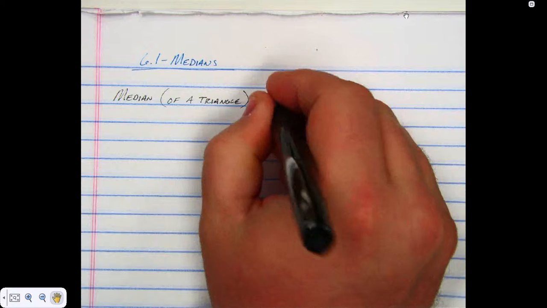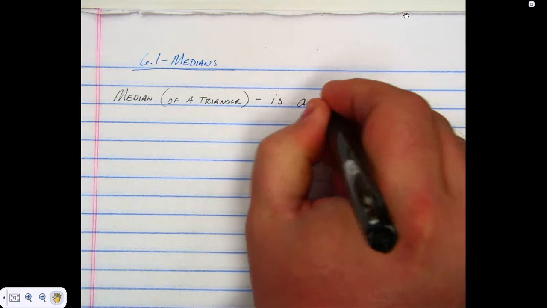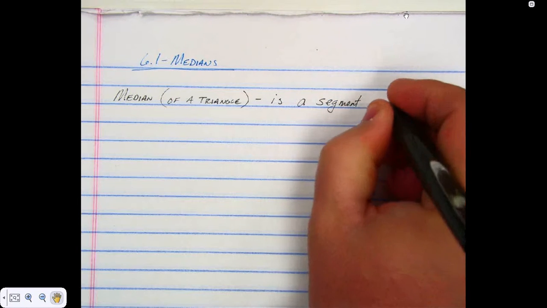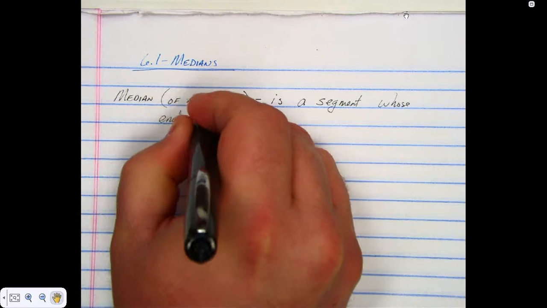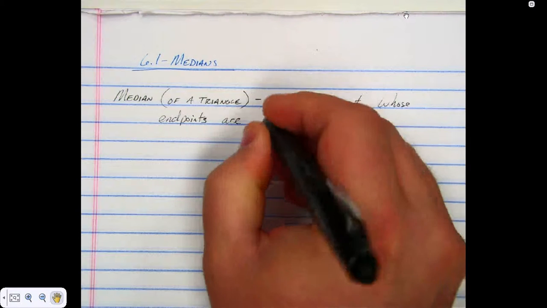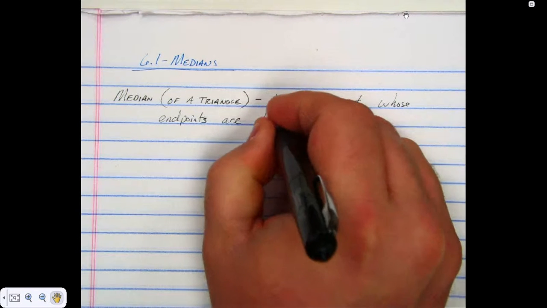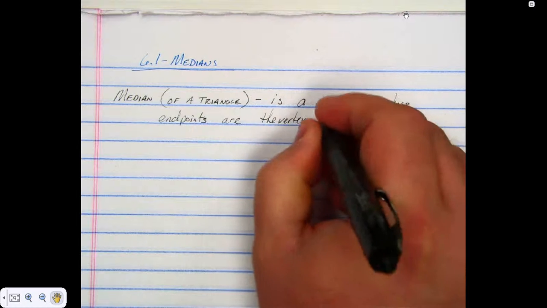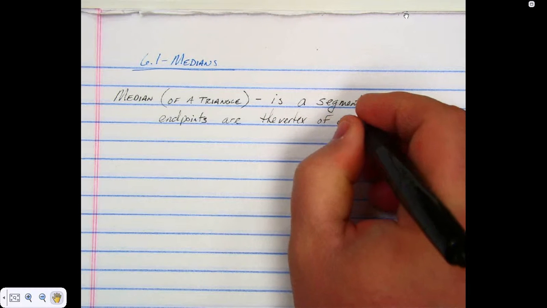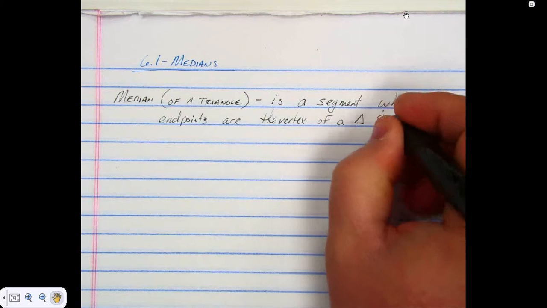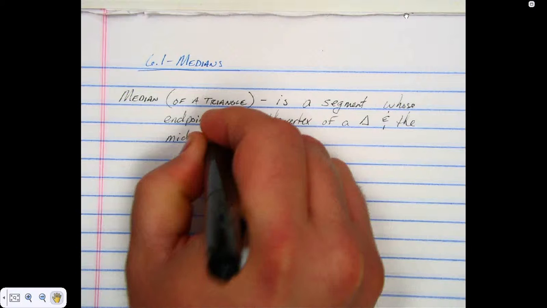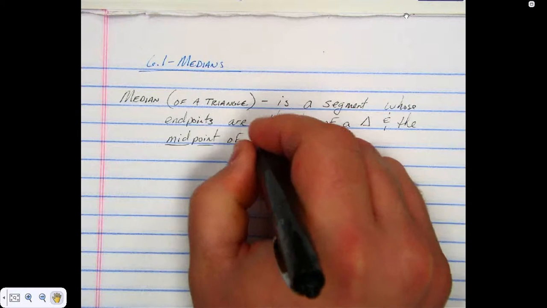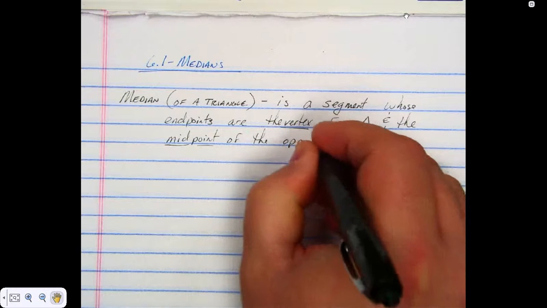A median is a segment whose endpoints are the vertex of a triangle and the midpoint of the opposite side.